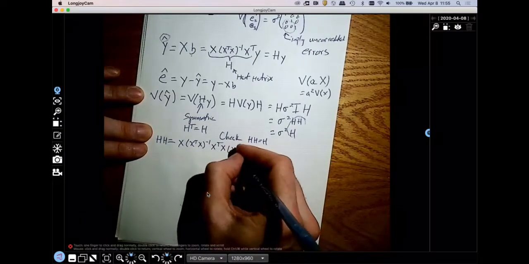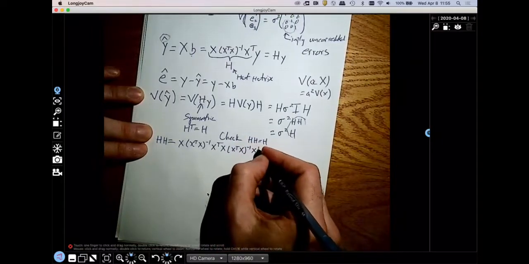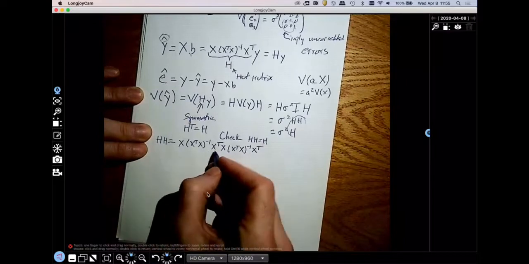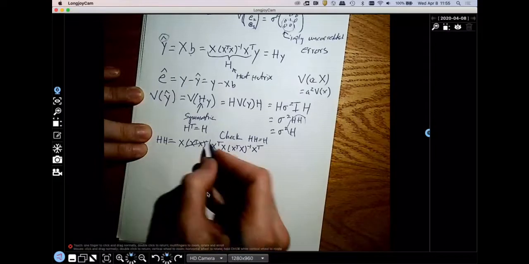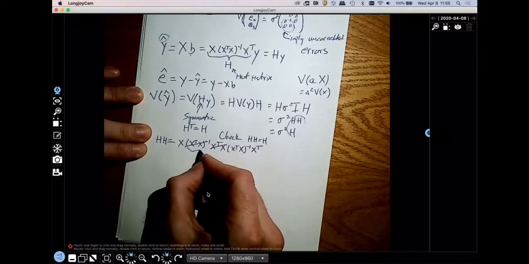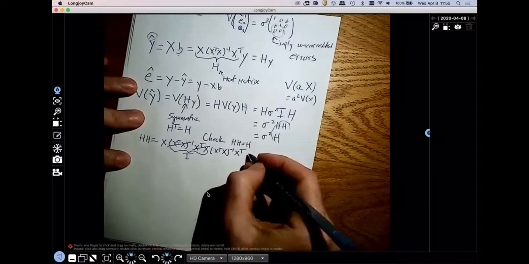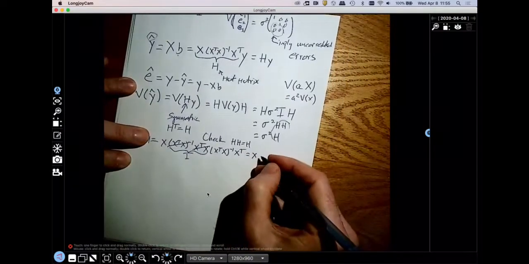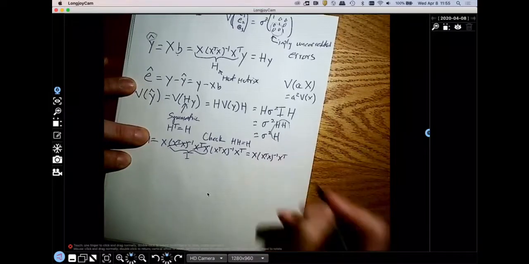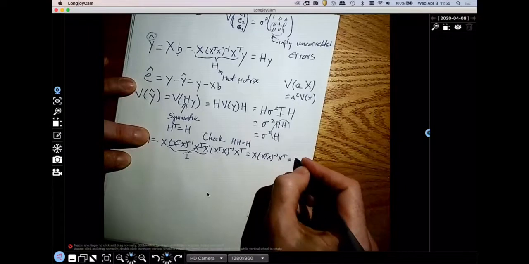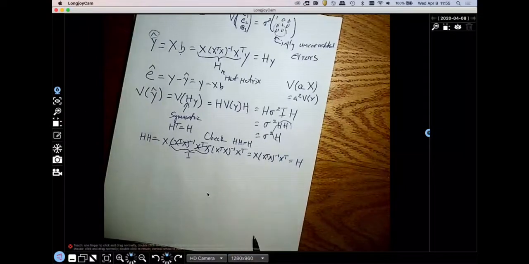Well, X times X transpose X inverse X transpose, but notice I have X transpose X inverse times X transpose X, so this whole thing is the identity, and it's like sticking a 1 in the middle. And so what are we left with? We were left with X times X transpose X inverse X transpose, but that's just H, right? So that's why H times itself is just H.